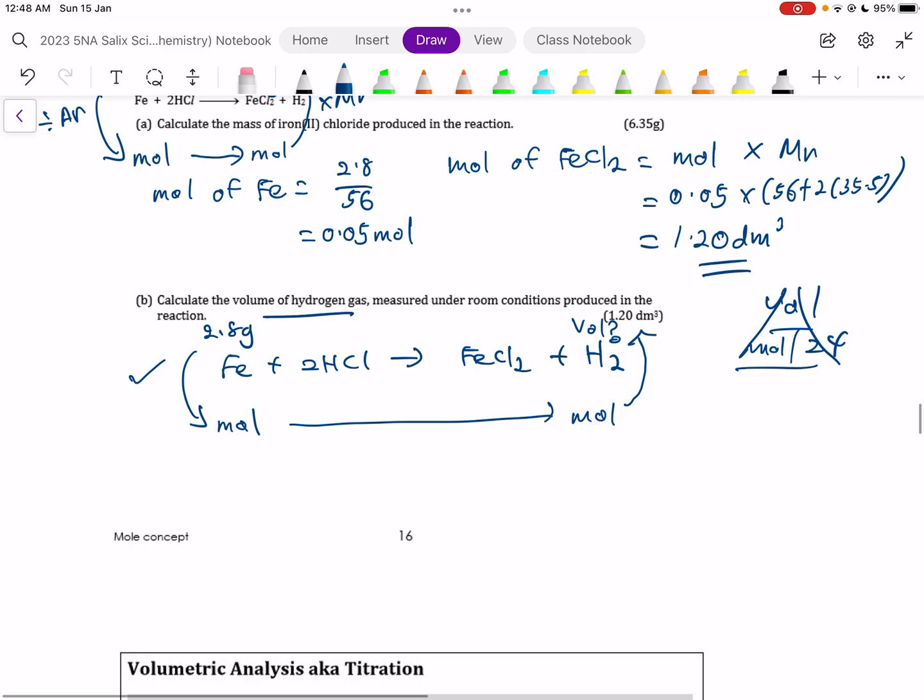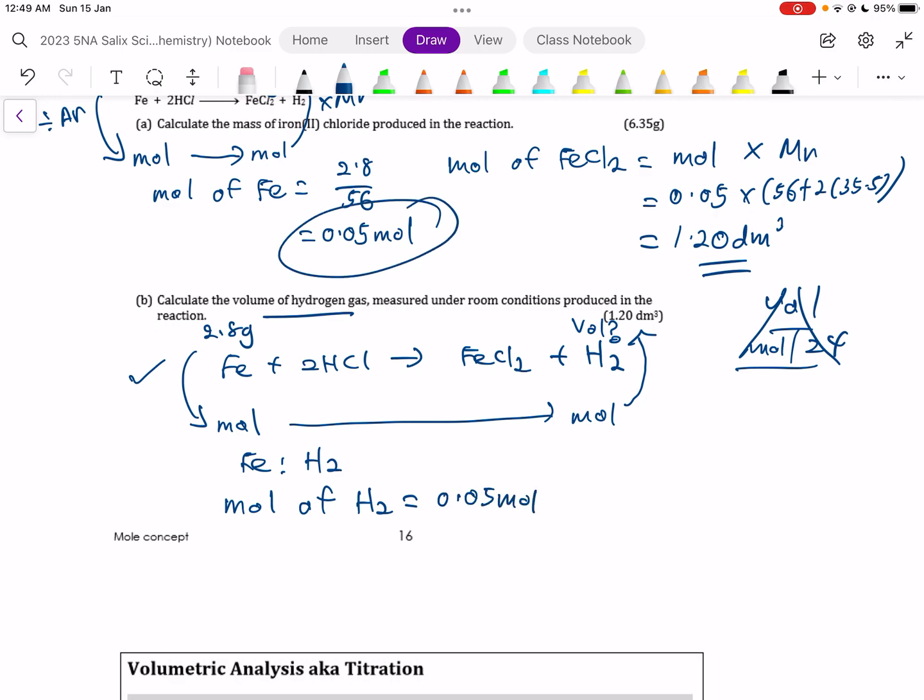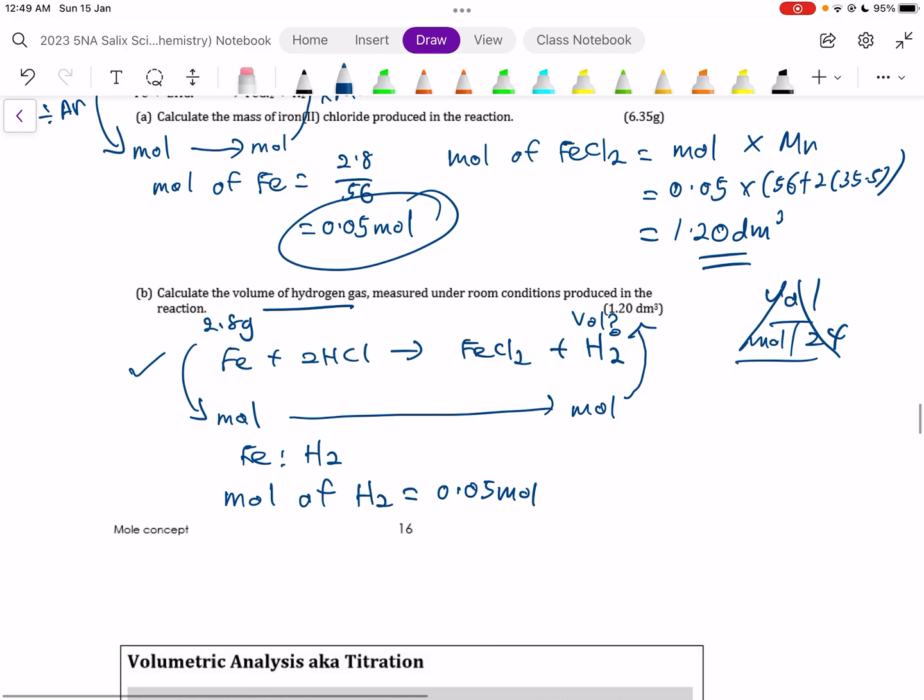Okay, so we shall do that. So Fe is to H2 is 1:1. So the number of mole of your H2 should be the same, 0.05 mole. Same as this one. Okay, so then next thing you can get the volume of your H2 already by taking mole multiplied by 24 dm cube.